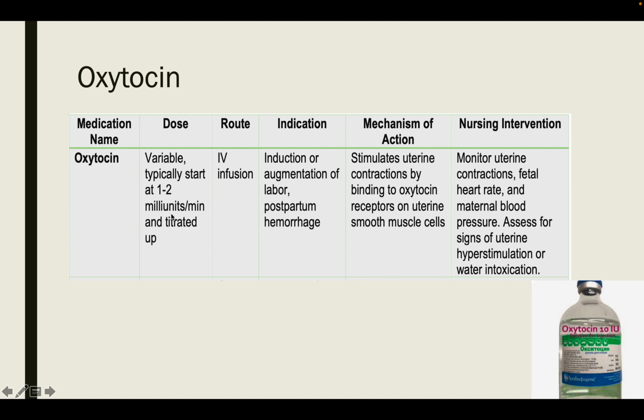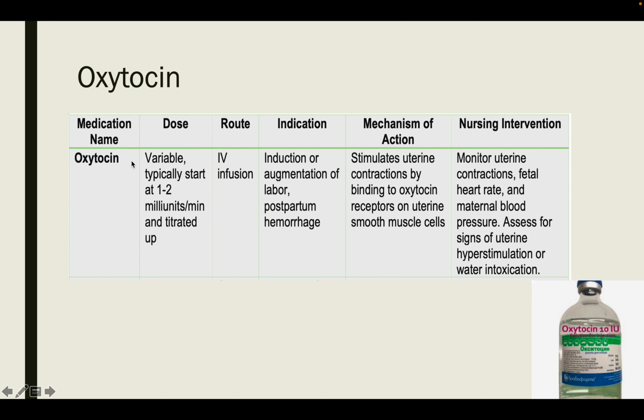The dose, as you can see, is in milliunits per minute, and we'll start from 1 to 2 based on the mother's history. After that, the dose will be increased gradually based on the response of the mother to the oxytocin during labor and delivery.